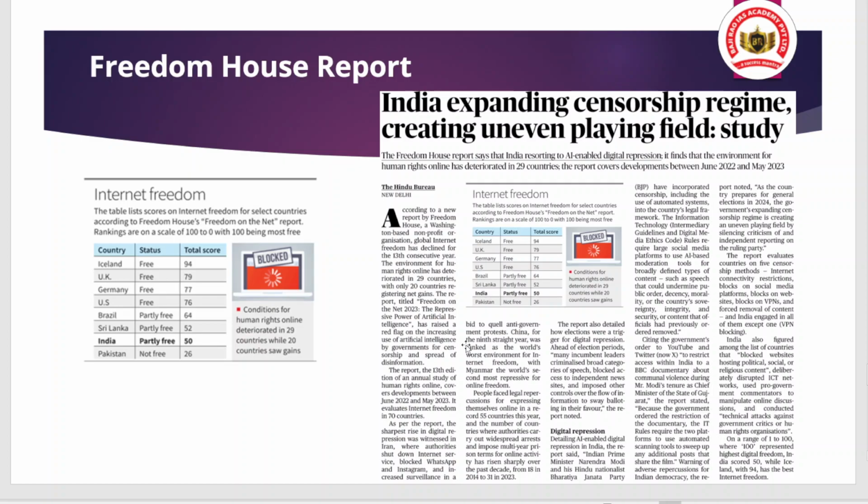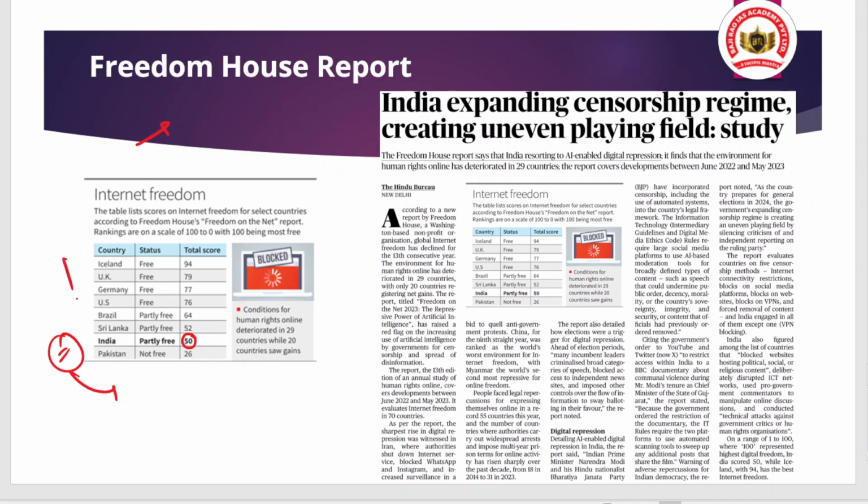First of all, remember the Freedom House report. As per the report, internet freedom in India is deteriorating. You can see the score that India got, like 50, so India has been referred to as partially free.